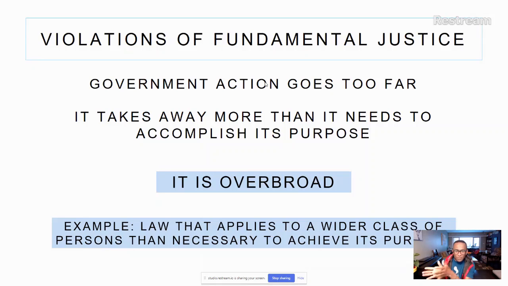If you want to focus on persons who refuse vaccination, that might be okay. But you've now included a class of persons who, for medical reasons, cannot get vaccinated or who already have immunity. You've drafted a law that makes no sense from this perspective. It is too broad, it is overbroad, and that law or action has to fail on the basis of fundamental justice.